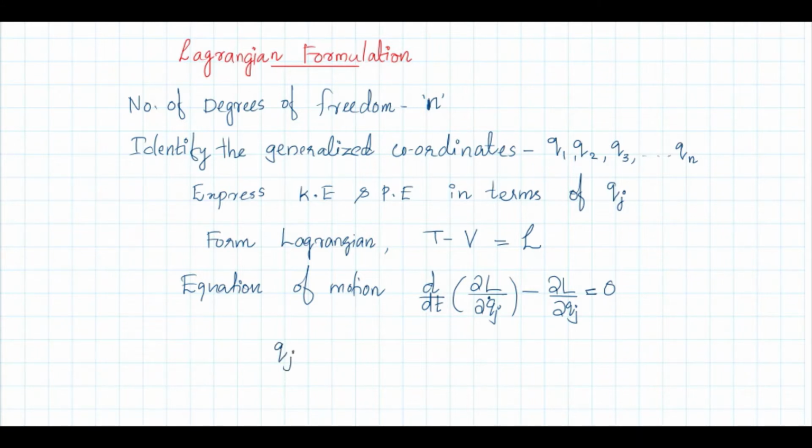What is the meaning of qj dot? It is simply dqj by dt, the total time derivative of qj, and it is known as generalized velocity. L is the Lagrangian and t is time. This is Lagrange's equation of motion. So if we have n degrees of freedom, there will be n Lagrange's equations of motion.